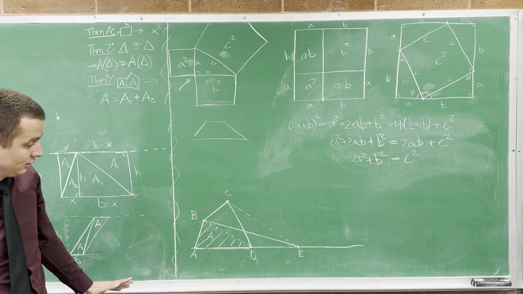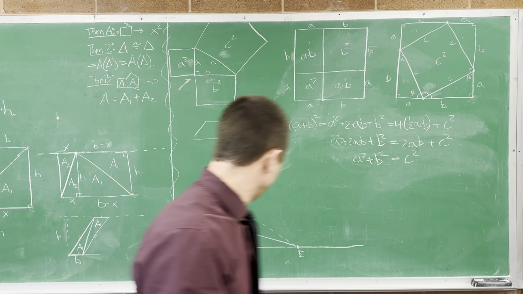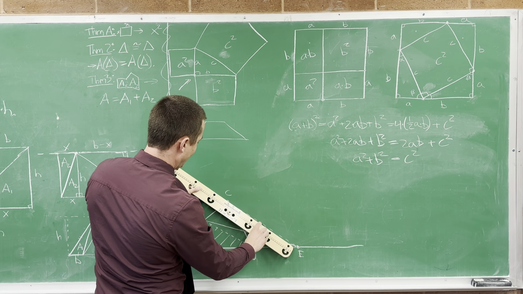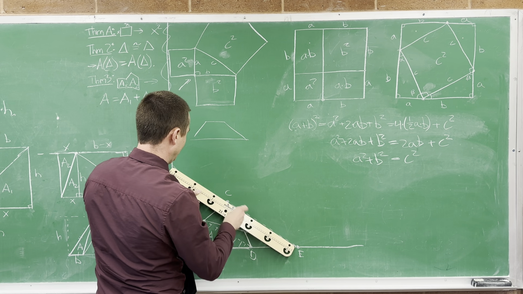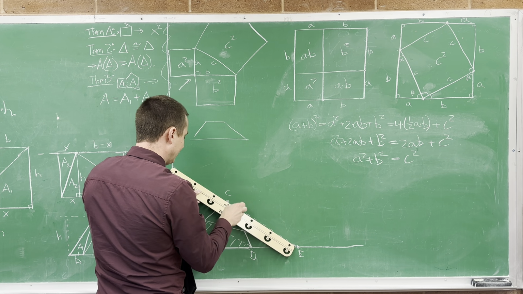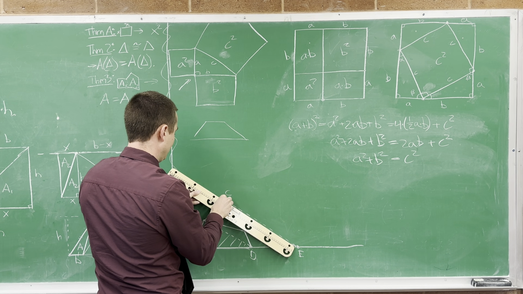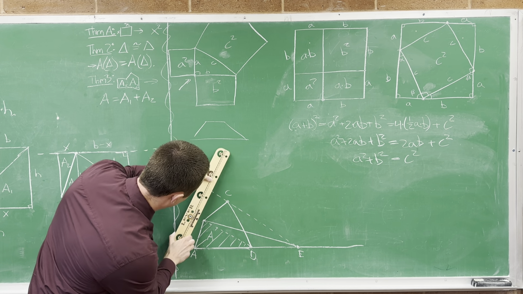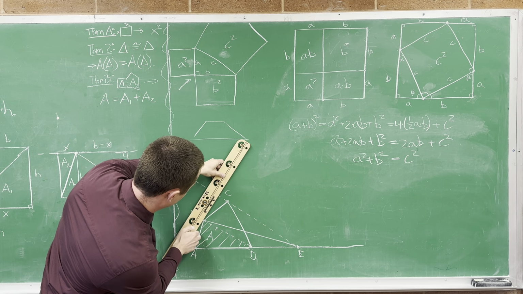You with me? Now, the hardest thing to get on here is the height between these two parallel lines. And if we can make that appeal to your intuition, I think that this will be fine. Okay, so H here is the distance between these two parallel lines.